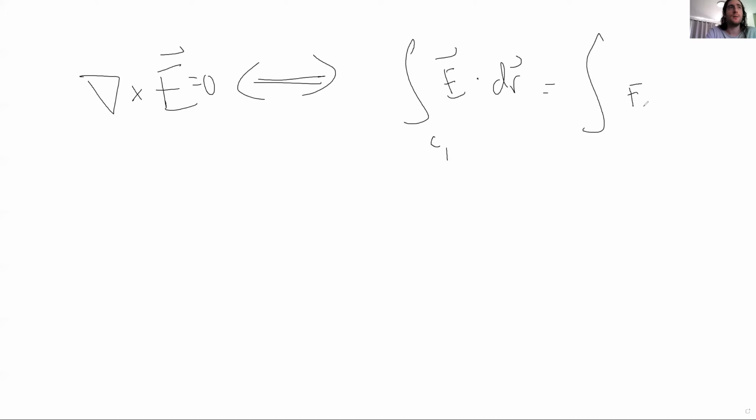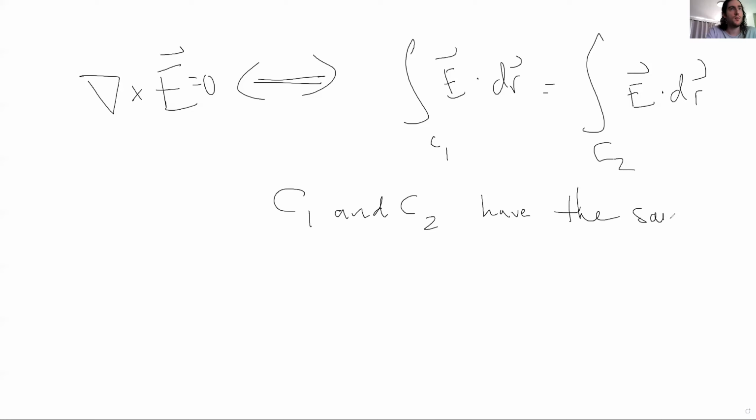If the curl of a vector field is 0, then if you were to integrate that vector field along some path, C1, then your answer, provided your endpoints were the same, would be the same as if you integrated it over a second path, C2, where C1 and C2 have the same endpoints.